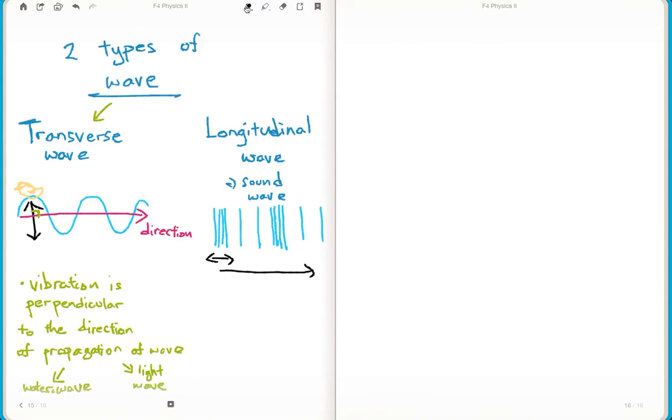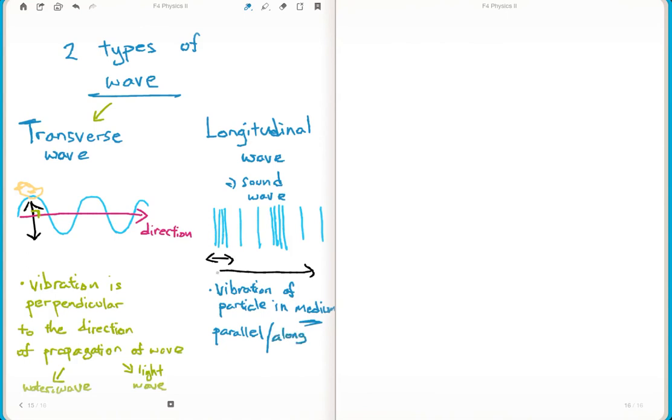Okay, so what happens here is the vibration of the particle, or a particle in the medium. Medium is a keyword because you need a medium. Vibration of a particle in the medium is parallel. Okay, parallel is the word, or you call it along.